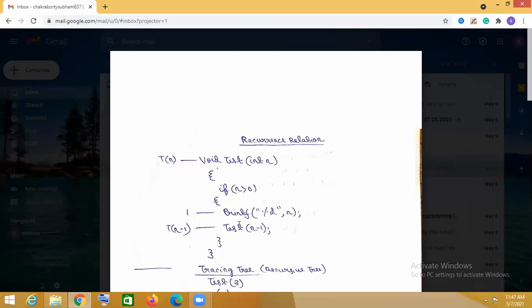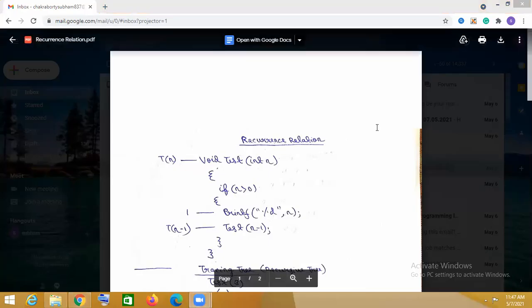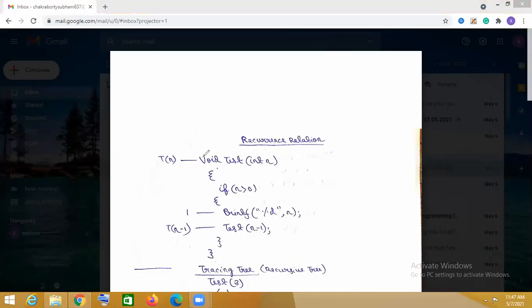Now, consider this as an example. Through an example, it will be clear to you how recurrence relations can be solved. This is our algorithm, written in simple C function format. Here you can see it is written as void test.